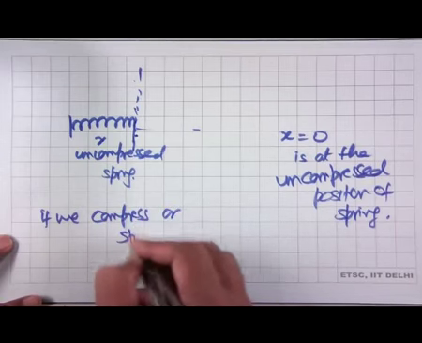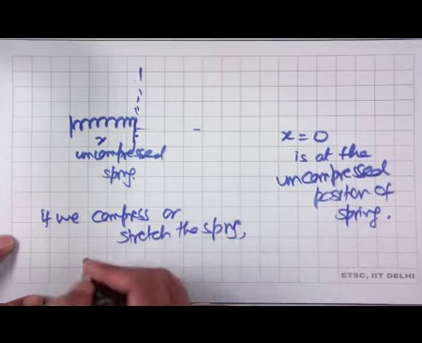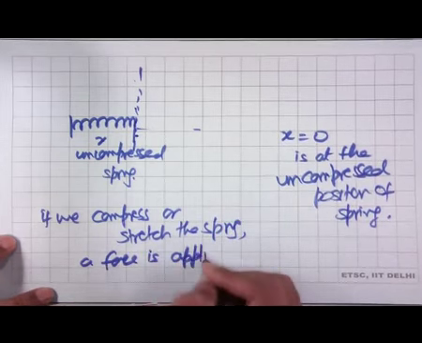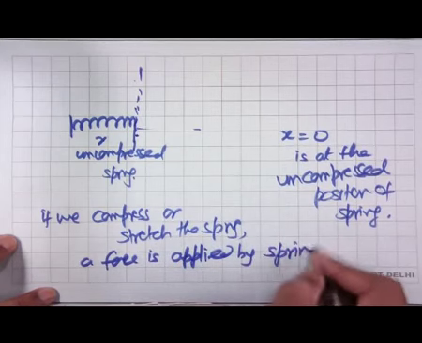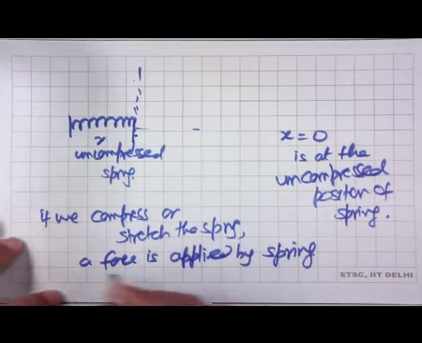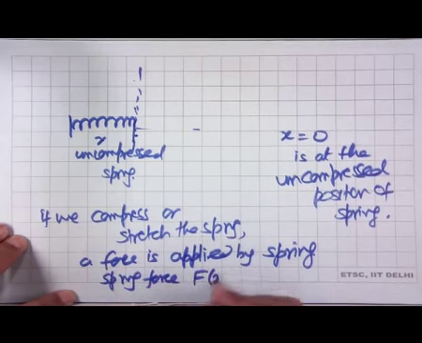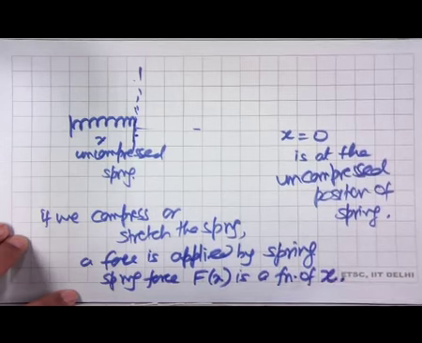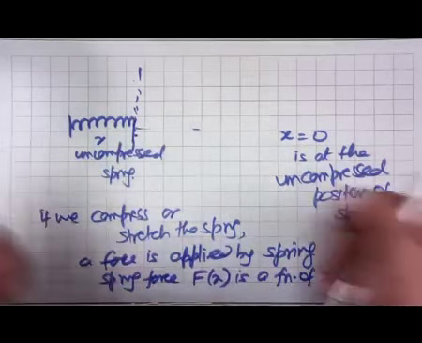Now, what we know about a spring is that if we compress or stretch the spring, a force is applied by the spring, and the spring force, if I write it f of x, is a function of x. So, now x equal to 0 is the uncompressed position of the spring.